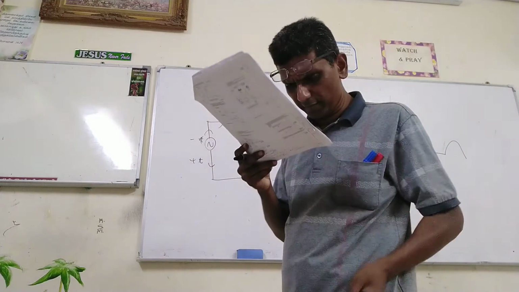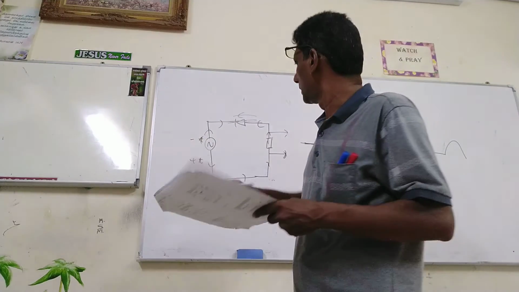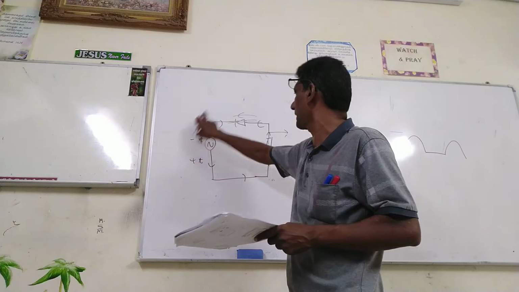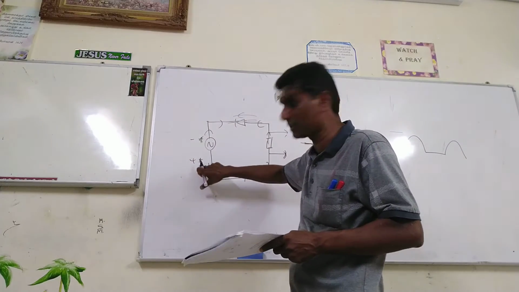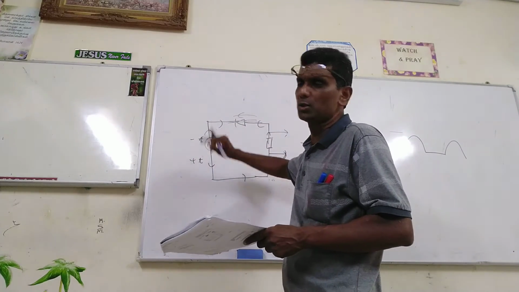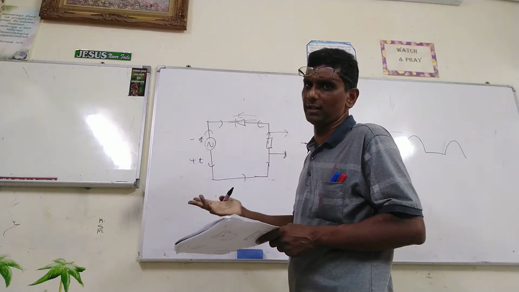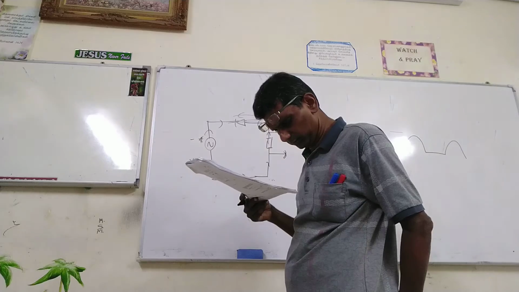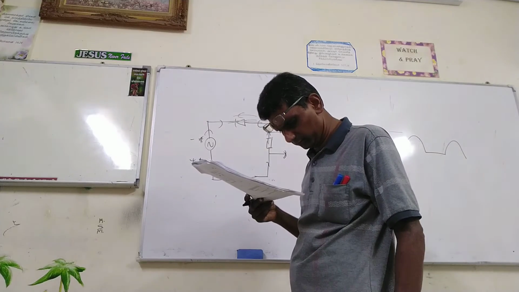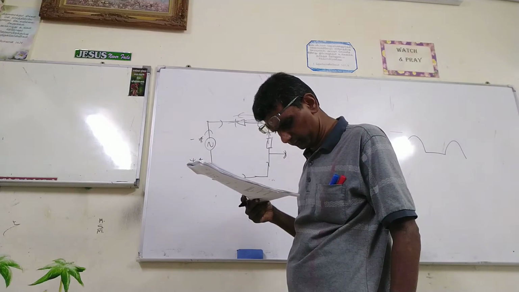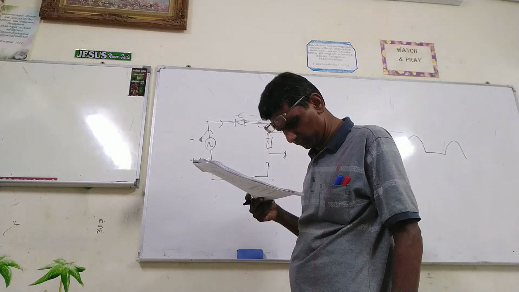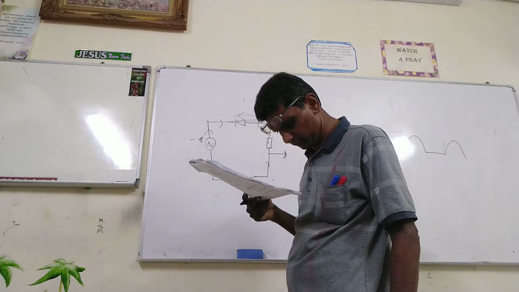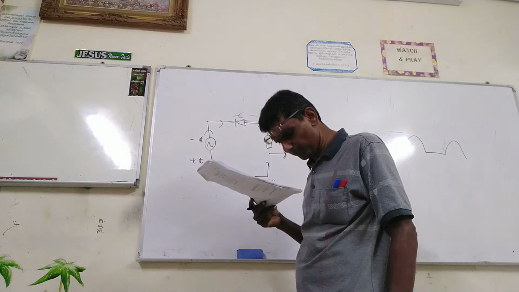This is called half wave rectification because current doesn't flow when it's positive here. But when it changes direction, current can flow. So it's a half wave rectification. Explain the answer.